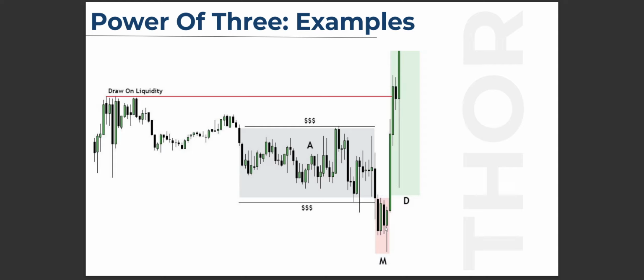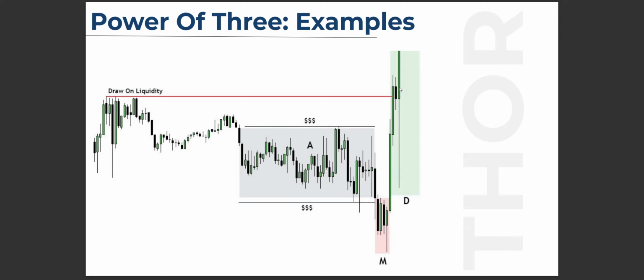Spends time a little bit, and sharply returns back into range first, and then rallies in the direction of the drawn liquidity. So what happens here is basically the accumulation is the range, breakout is manipulation, and the move in the direction of the drawn liquidity is the distribution.